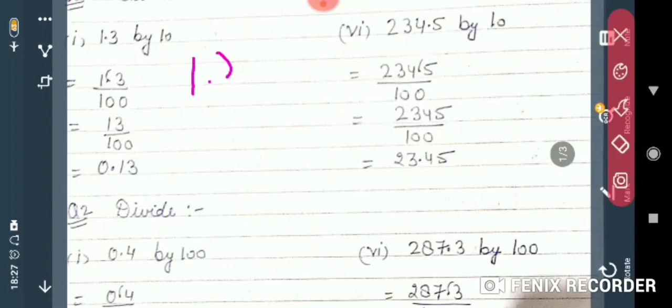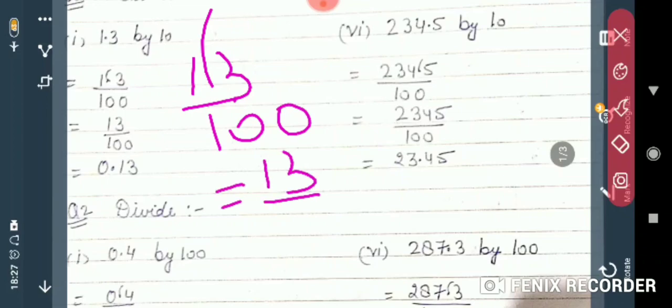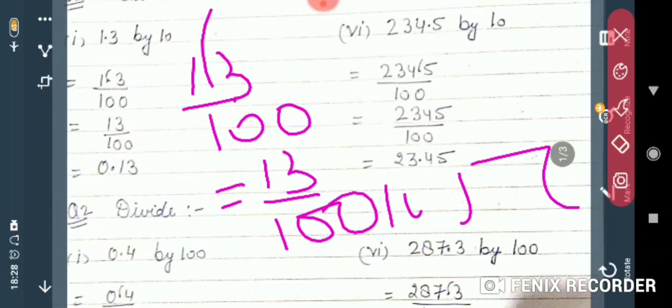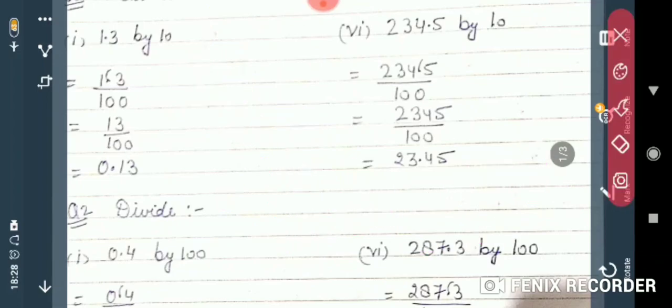Or, as it is written, 1.3 divided by 10, you can remove this point. What will you get? 13 upon 100. Now you can also divide 13 by 100. Either you can use this method. Now the simplest method is this.